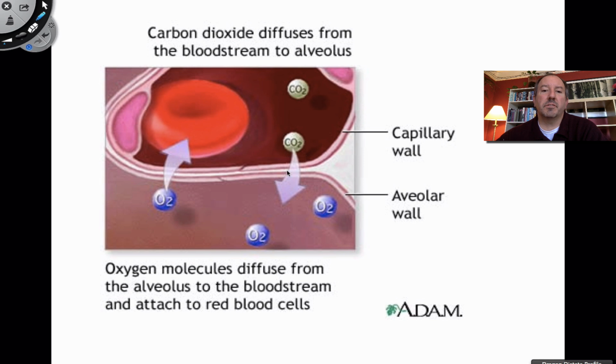The gas then simply diffuses into the alveolar air sac, and then oxygen is picked up by the red blood cell. So this is where gas exchange occurs across this respiratory membrane, because these cells are very thin.